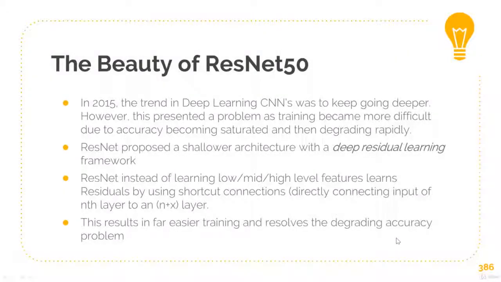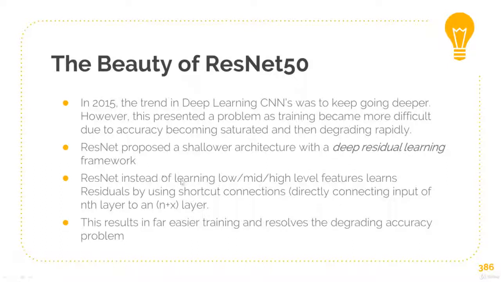So the beauty of ResNet was that it got around the problem of just making networks deeper and deeper, which was the trend back in 2015. By making networks deeper and deeper, people were coming across accuracy becoming saturated and then degrading rapidly during training, which was not good. So what ResNet did was introduce a shallower architecture with a deep residual learning framework.